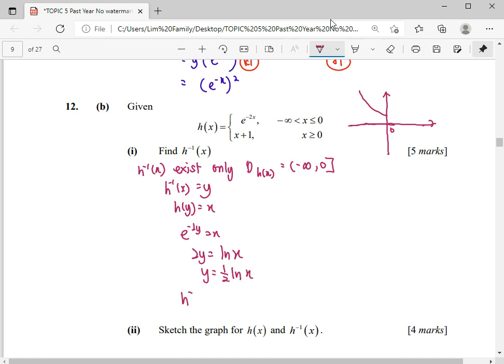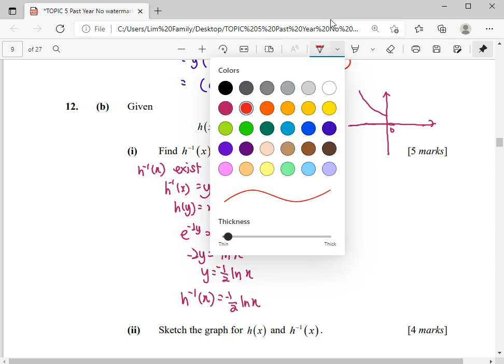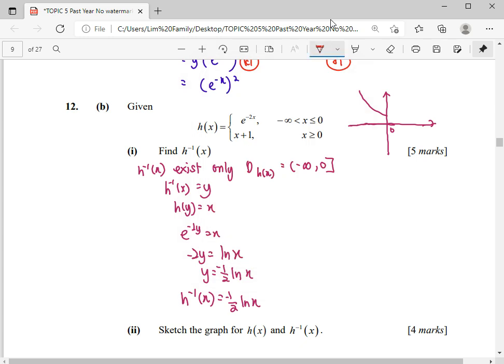That will be our h inverse. So this is the inverse concept.